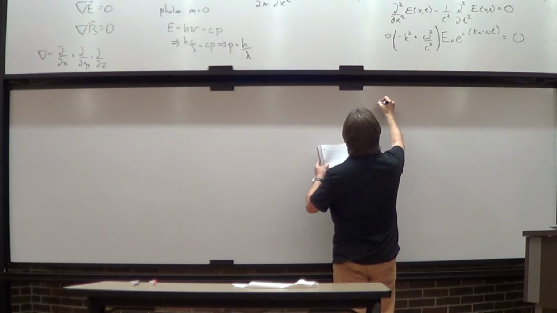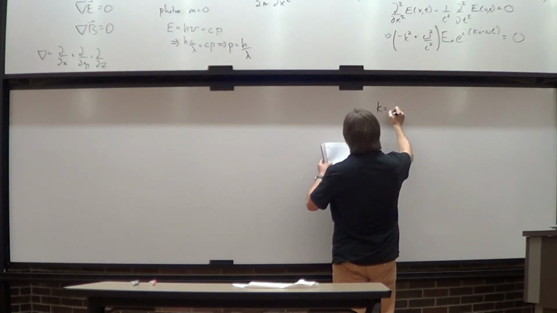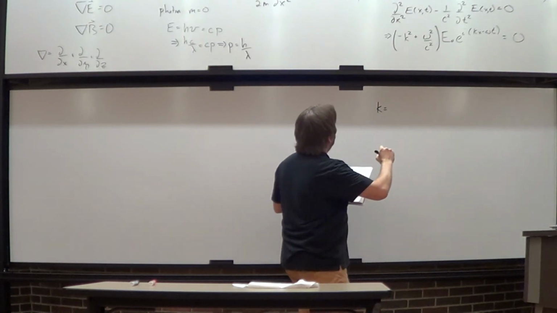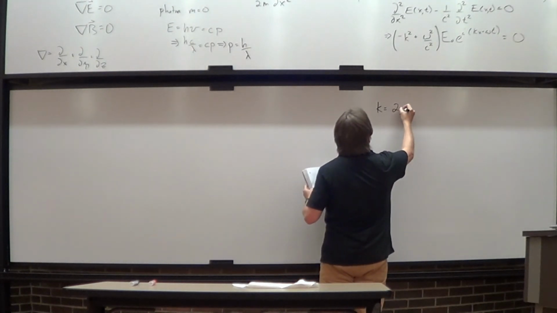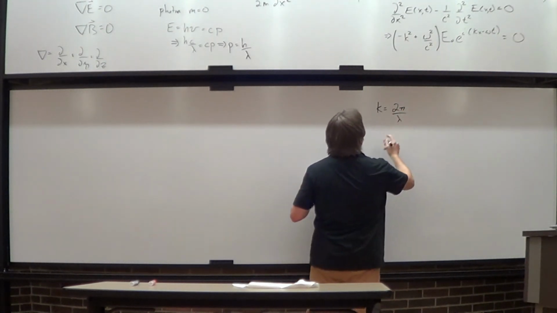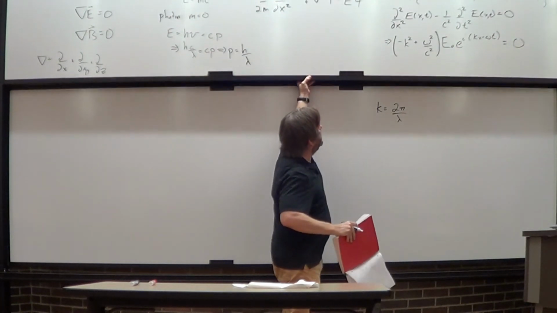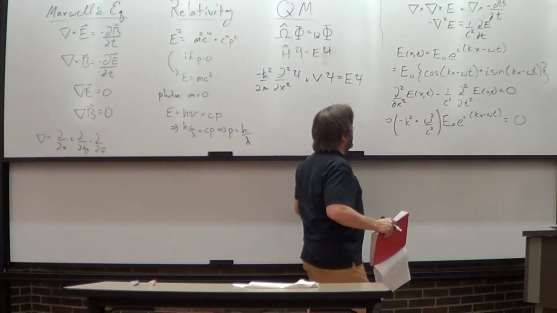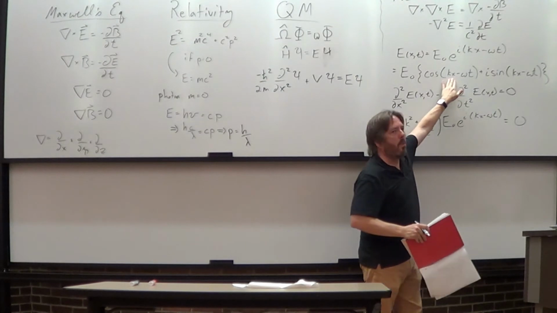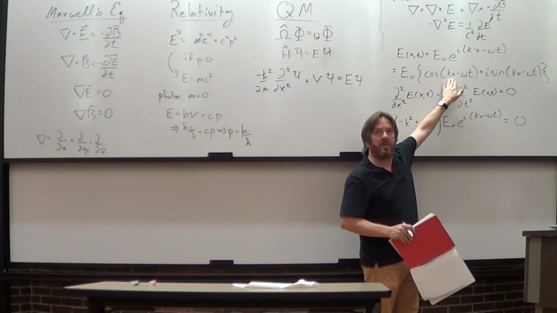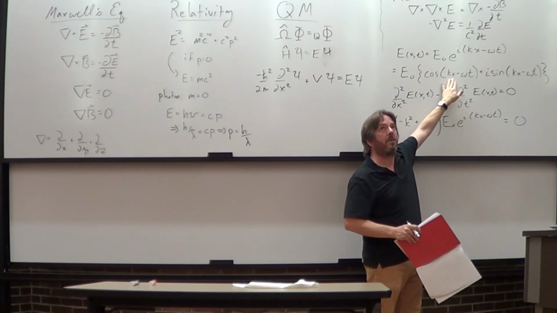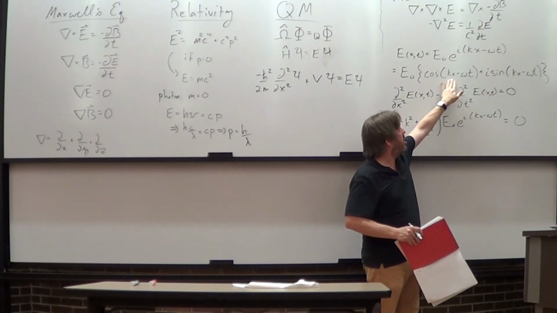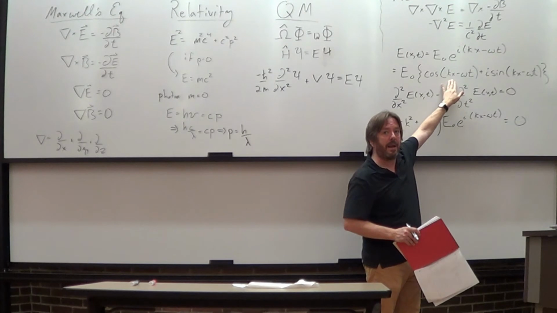What you get is k, which, if you look at the wave equation, has got to be 2 pi over lambda. It's easier if you look right here. When a wave has gone from 0 to its wavelength, cosine has gone from 0 to 2 pi, right?